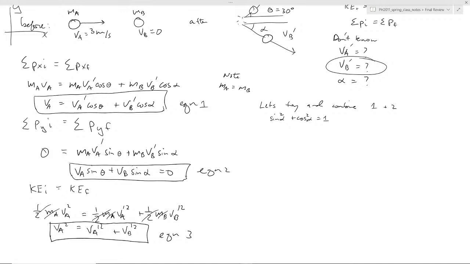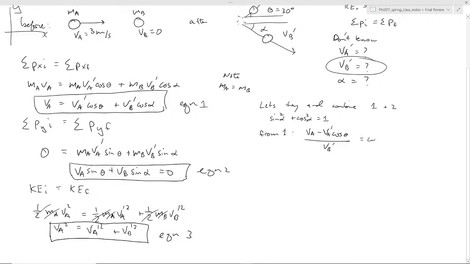So from 1, we can write cosine alpha as VA minus VA prime cosine theta divided by VB prime.